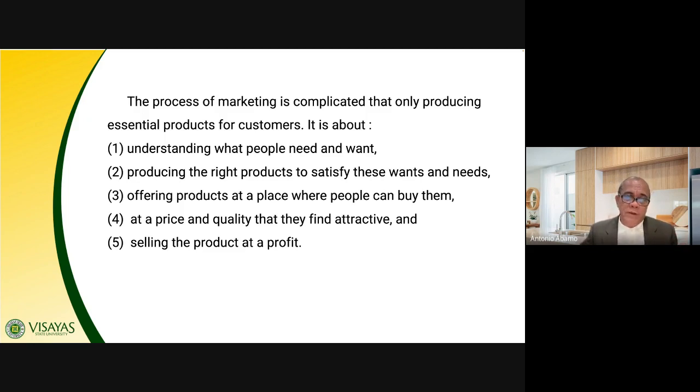You can sell everything you want, but if at the end of the line you cannot generate a reasonable return from your selling operation, then your marketing has failed, failed miserably if you sell at a loss. So that is marketing.